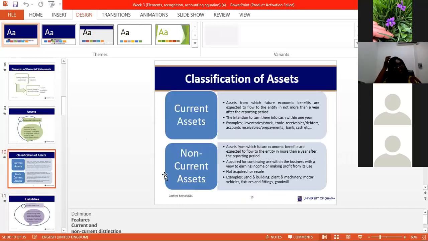Okay, so if we go back, we would realize, just a minute. Okay, so this is our whiteboard. And we have just realized that the financial statement is made up of some elements. The first one we'll talk about is the statement of financial position.